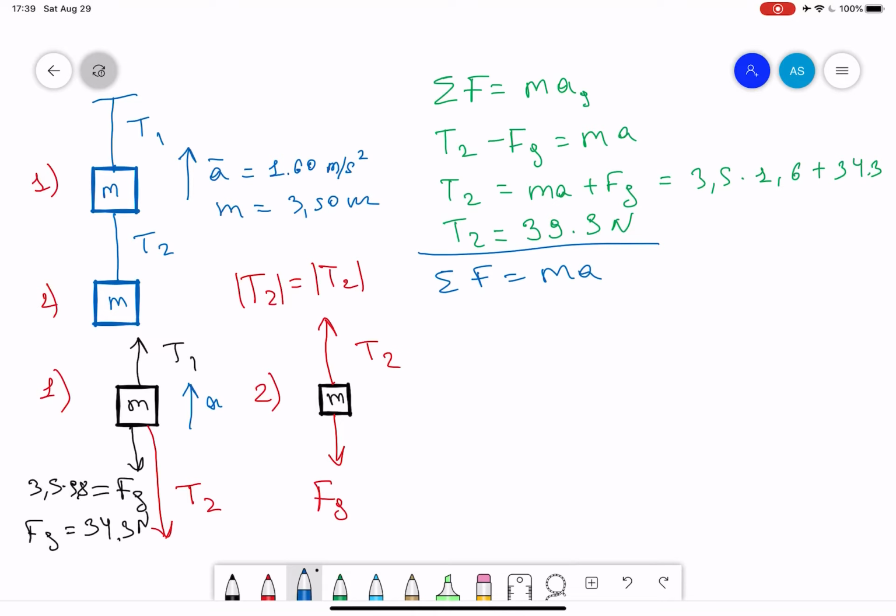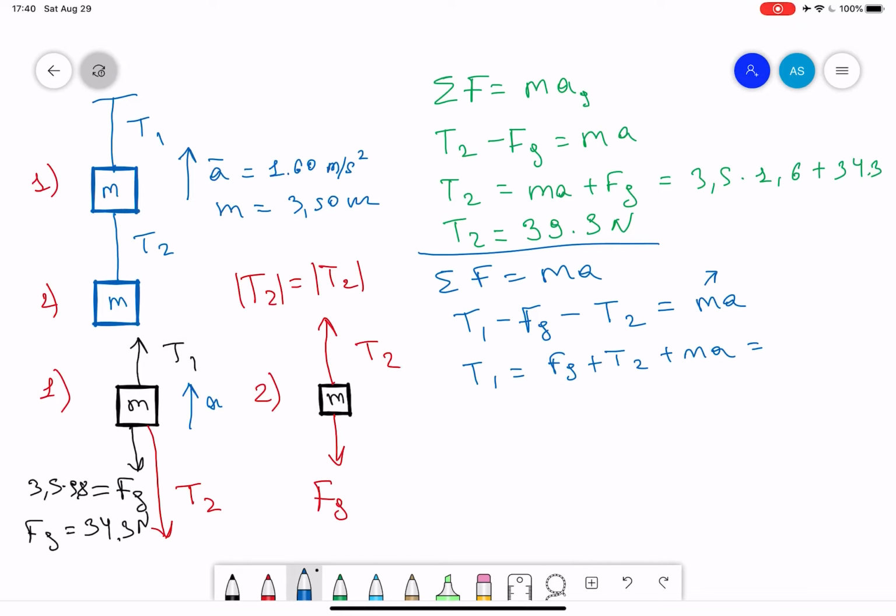In this case, the sum of the forces on the upper box: we have tension 1 positive because it points upwards, minus Fg, which is the weight of the box, then minus tension 2, and that is equal to ma. You have to keep in mind that this m is for the upper box. So then tension 1 is equal to Fg plus tension 2 plus ma.